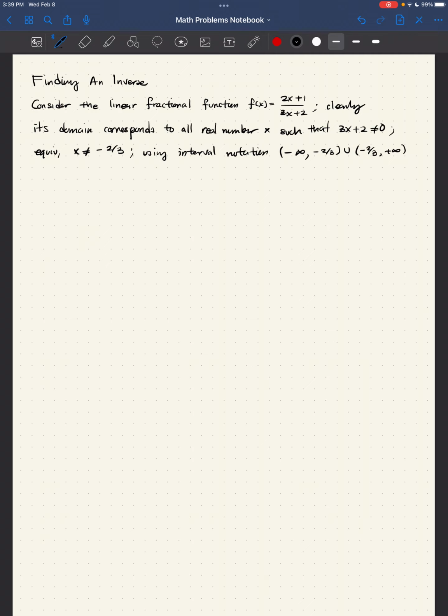Right? Okay, so how do we find the inverse of such a function, if there's even any? Well, we'll start like this. First thing, I'm going to set another quantity y to this expression associated with the function. In this case, that would be 2x plus 1 over 3x plus 2, right?